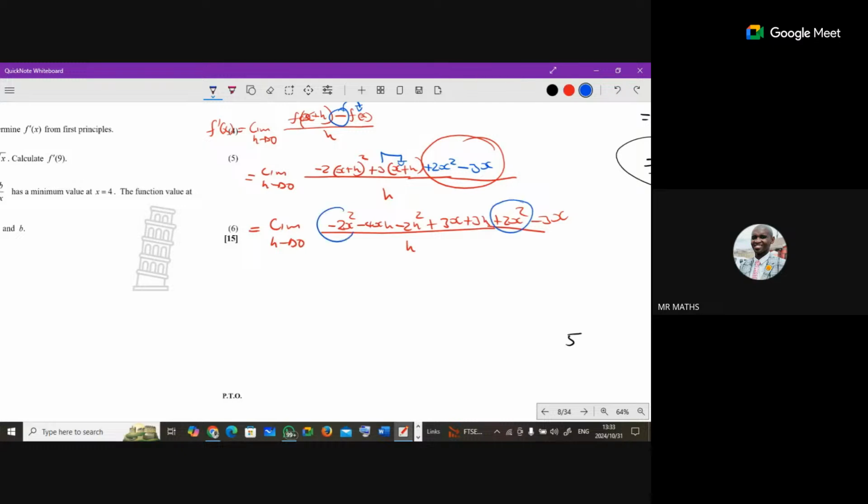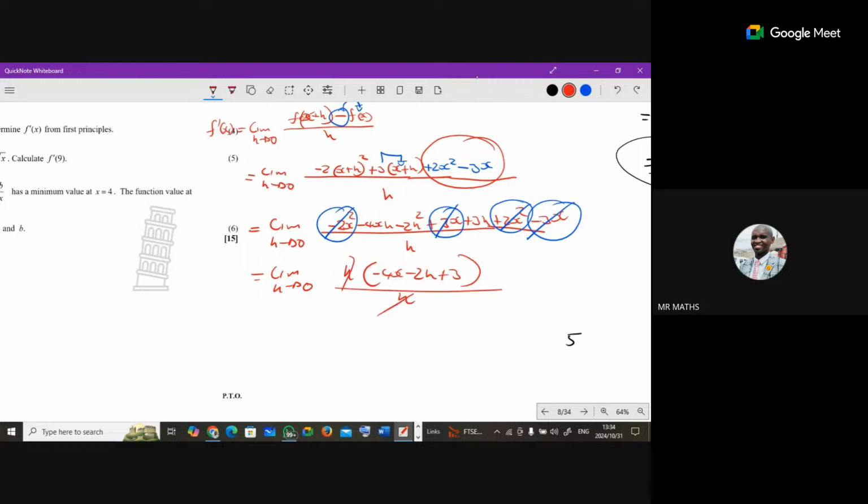So this and this one will cancel. Yes, sir. And also this one and this one, because of the signs, will cancel out. So every term that is left is over h. So you take out h as a common factor, and you will be left with negative 4x minus 2h plus 3, all over h.